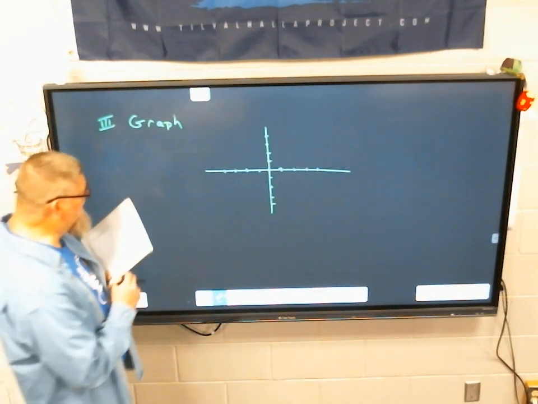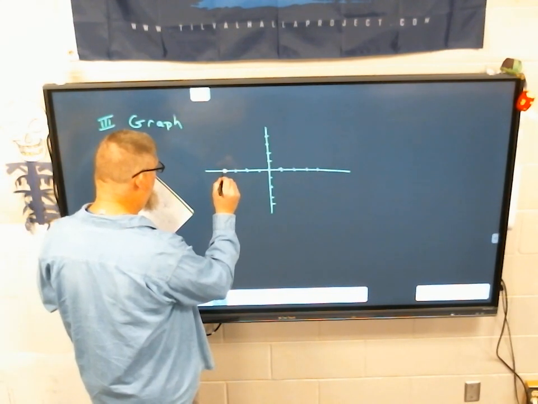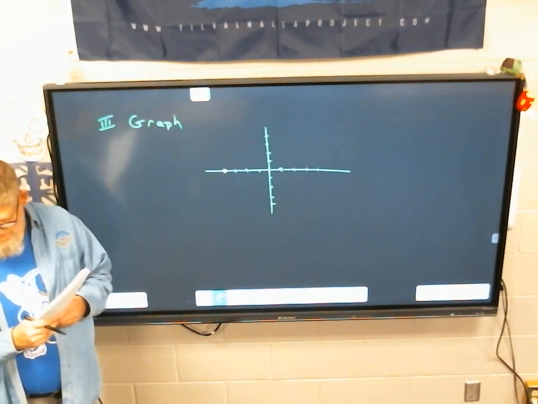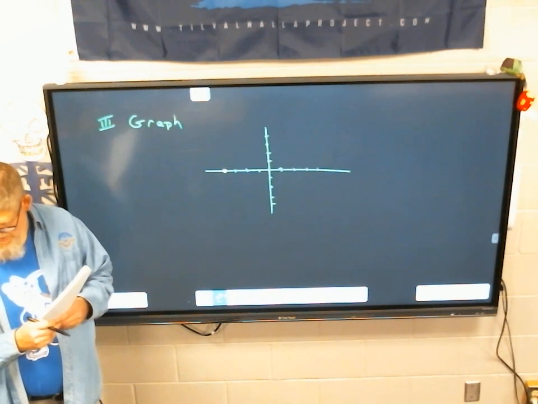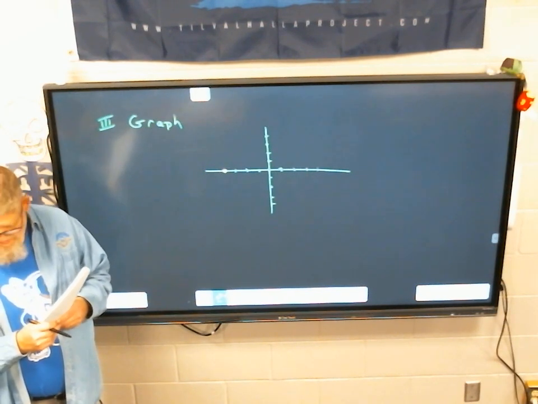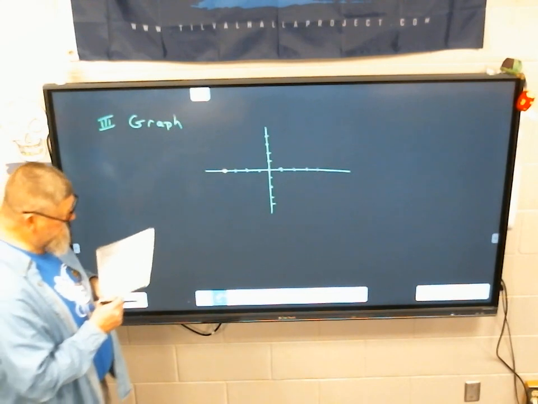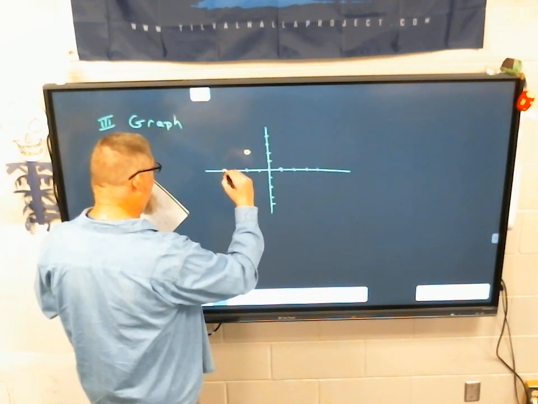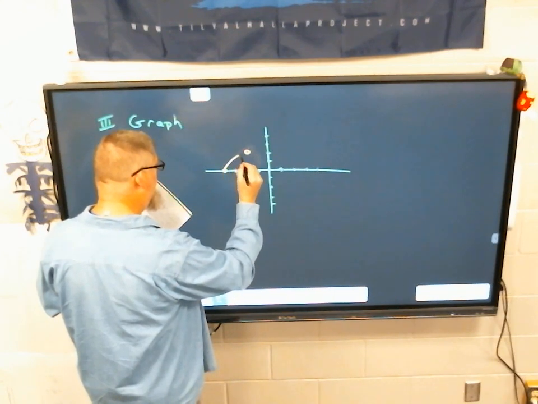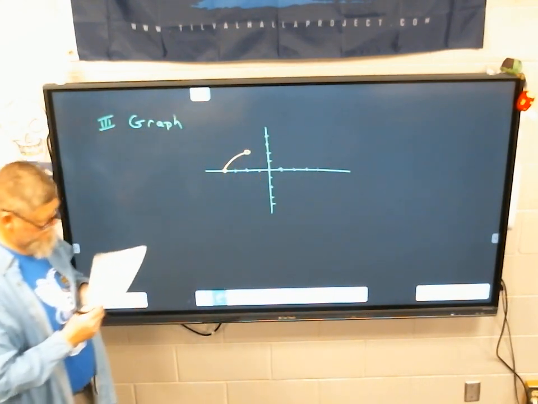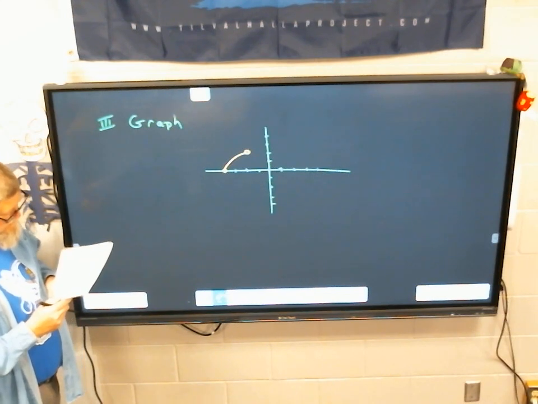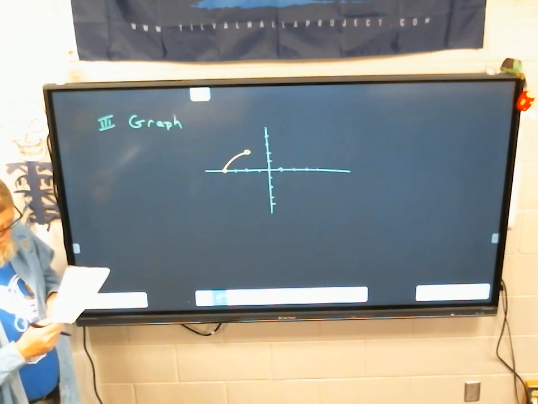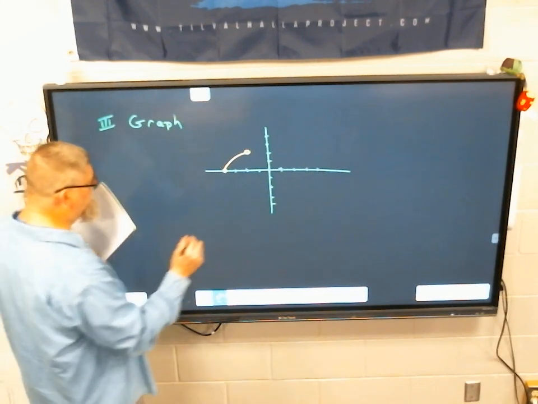Okay, so put a point at -4, 0. You got that one? Okay. Put an open circle at -2, 2. And then connect that with a curve. Something like that. Open circle at 1, -1.